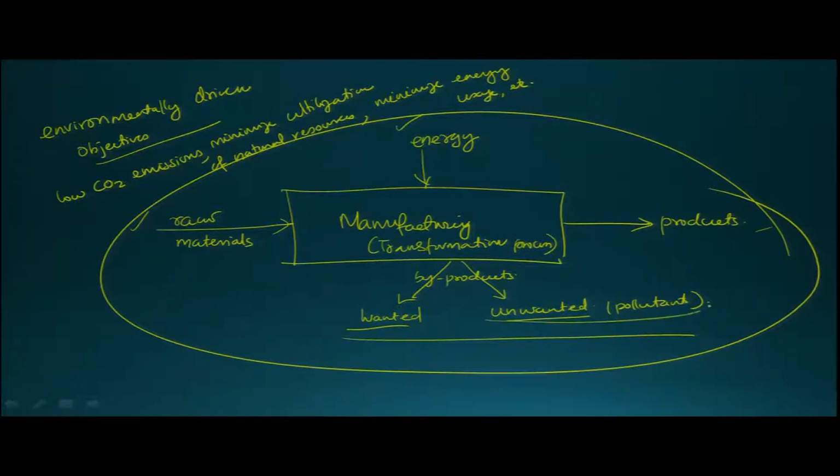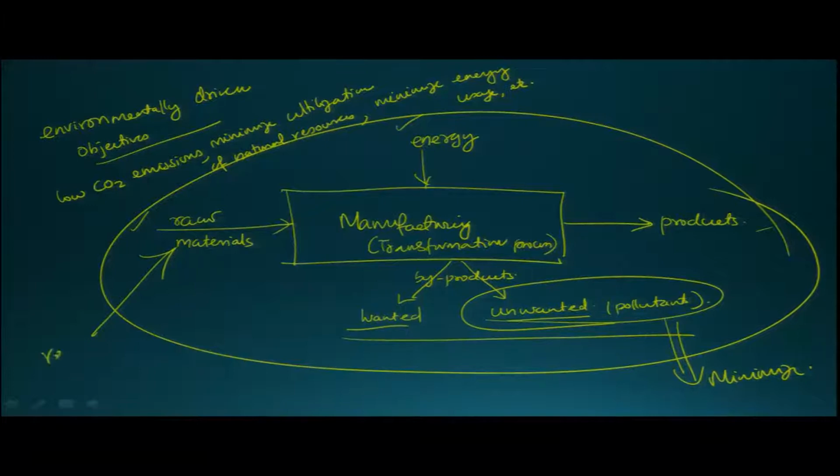So, these environmentally driven objectives, when added to the manufacturing system, mean that you are basically saying, okay, I want to reduce the unwanted emissions, I want to minimize them, I want to reduce raw materials while maintaining the same products or production, I want to reduce energy, or find substitutes.